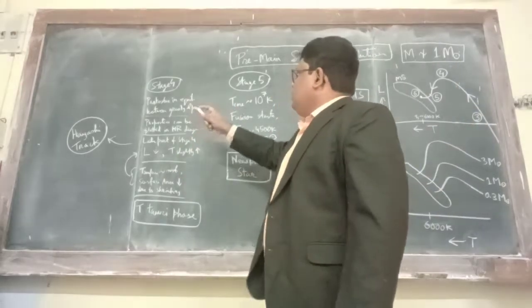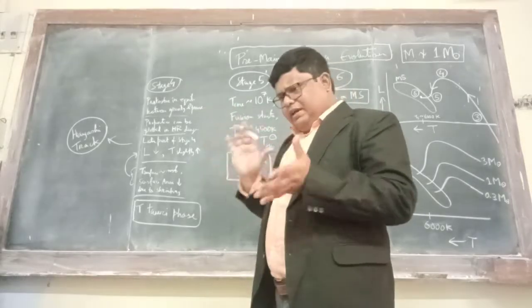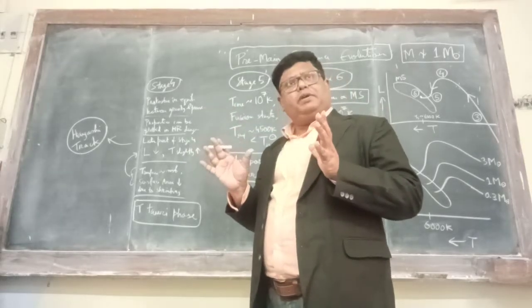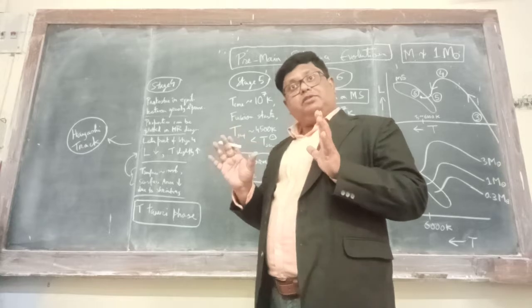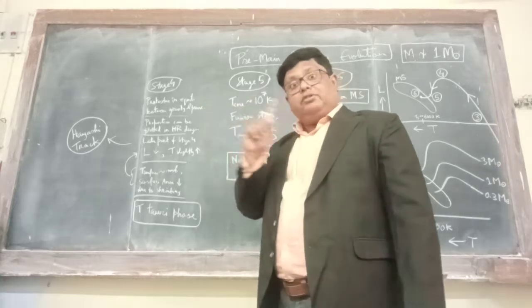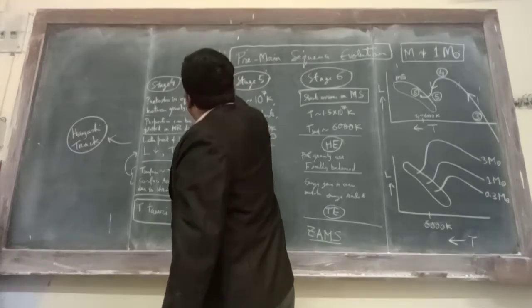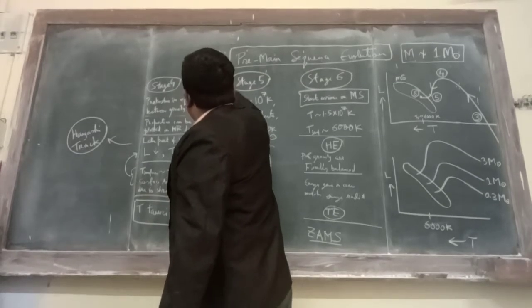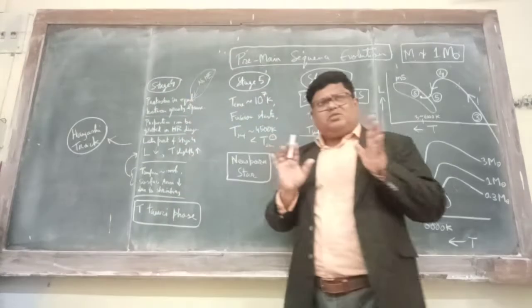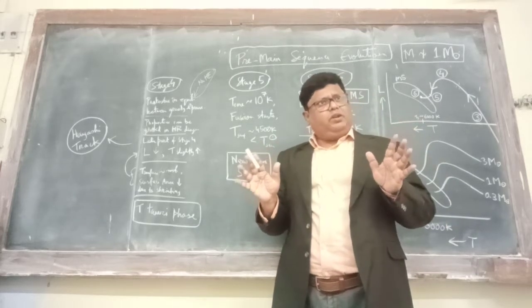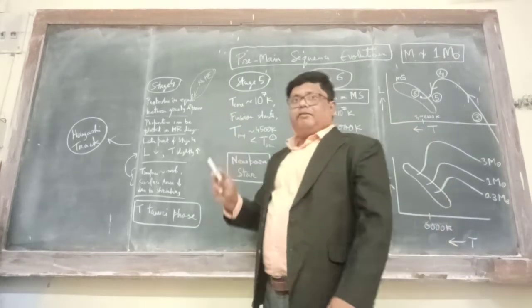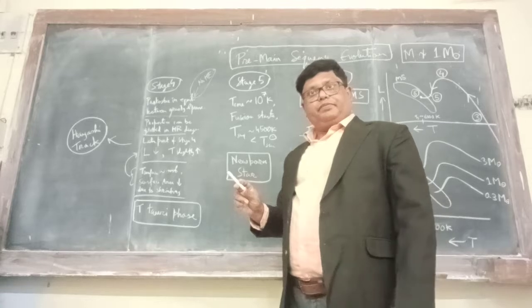In stage 4, there is an approximate equilibrium, not that much. I mean to say, still there is no hydrostatic equilibrium. Remember this, no HE, no hydrostatic equilibrium. I am saying there is a sort of approximate equilibrium between gravity and pressure.